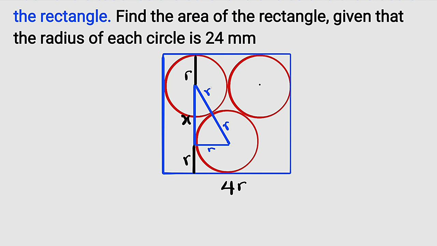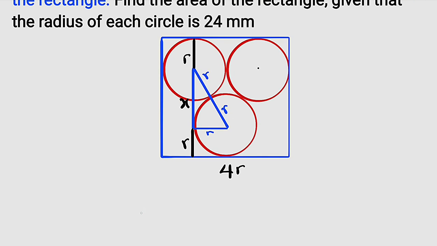And to do that, we can relate the hypotenuse, this side and this side, to find that x. Collectively here we have 2r, right? So according to Pythagoras theorem, that 2r, if you square that, it is equal to this one squared, that is r squared, and also this one squared plus x squared.